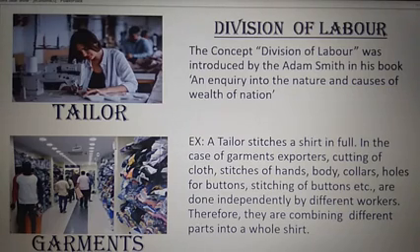In the case of garment exporters, cutting of cloth, stitching of hand, body, collar, holes for buttons, stitching for buttons, etc. are done independently by different workers. Therefore, they are combining different parts into a whole shirt.